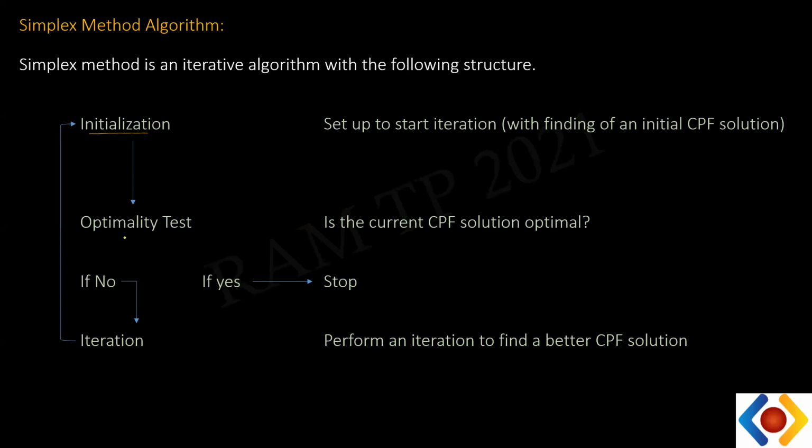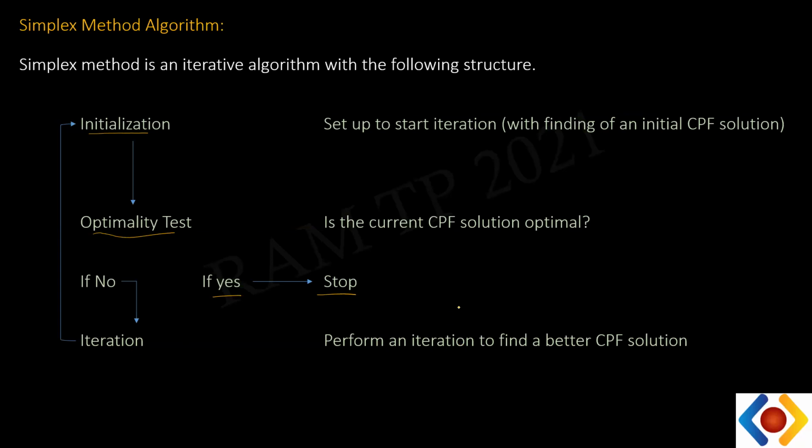Once we select an initial CPF, we perform the optimality test on it. Is the current CPF solution optimal? If the answer is yes, we stop there. If the answer is no, we move to the next iteration, and we perform an iteration to find a better CPF solution.